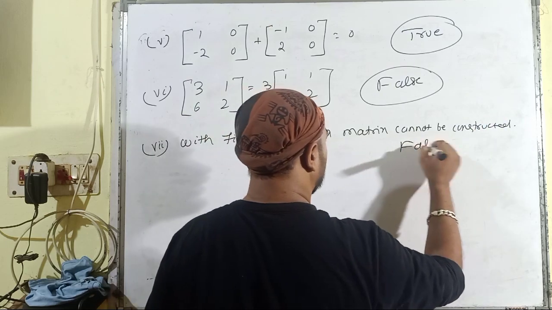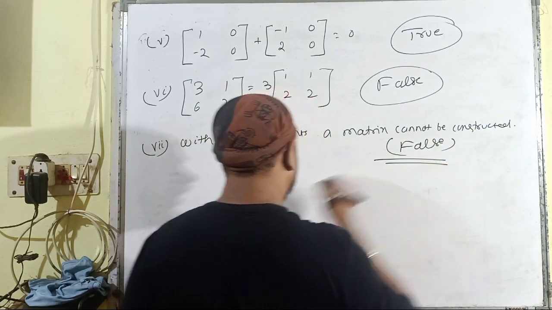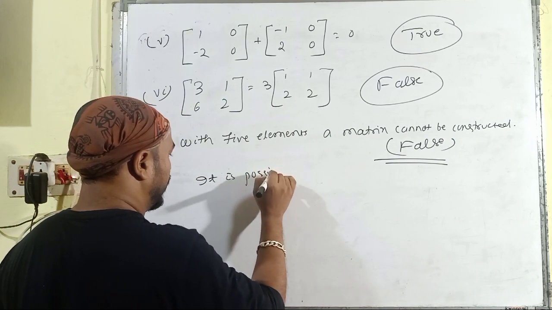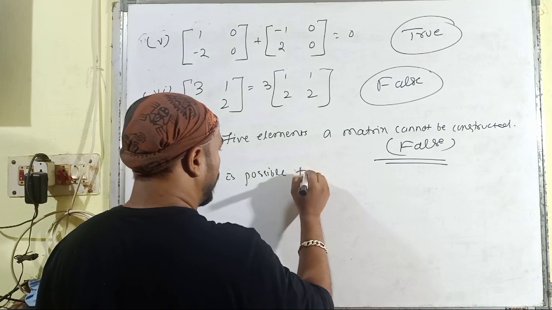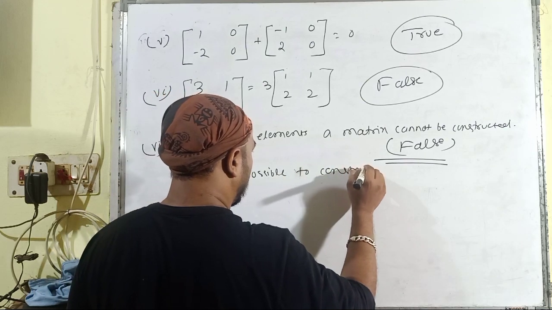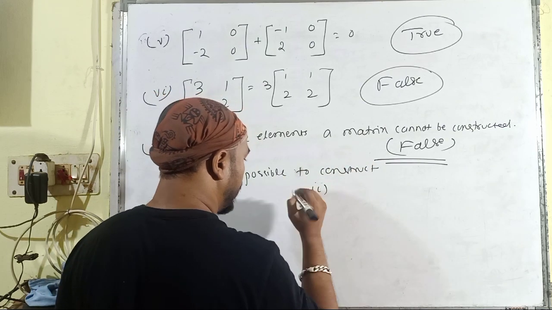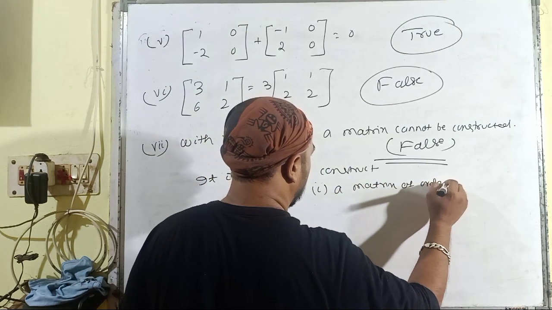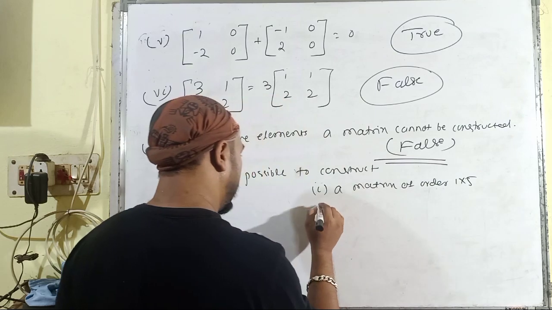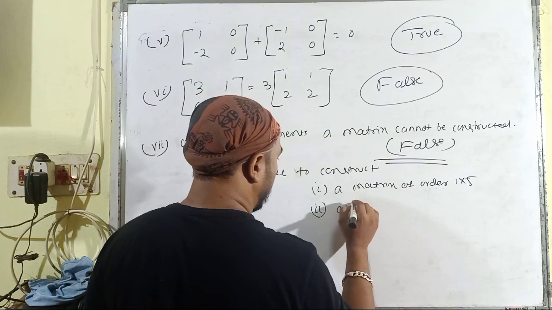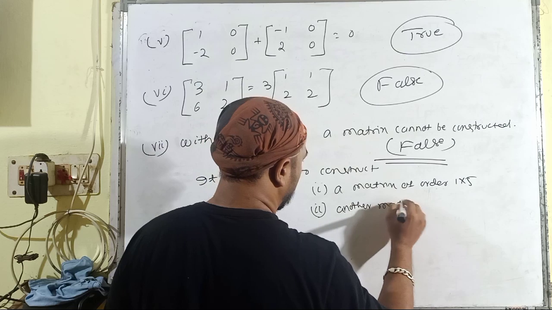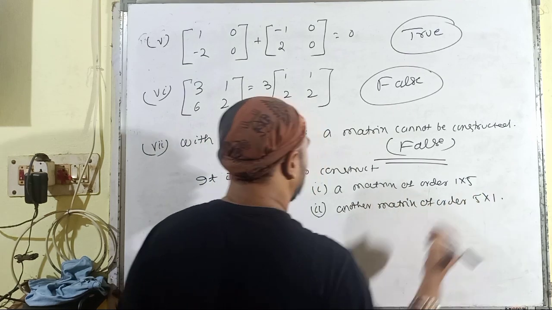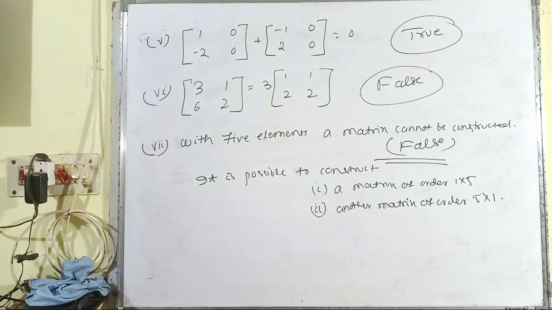It is false, because it is possible to construct a matrix of order 1 cross 5, another matrix of order 5 cross 1. So here it is the result.